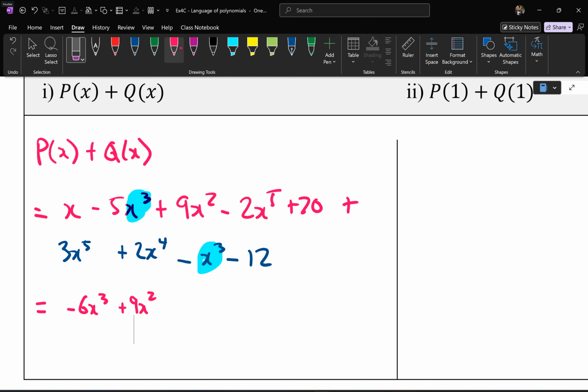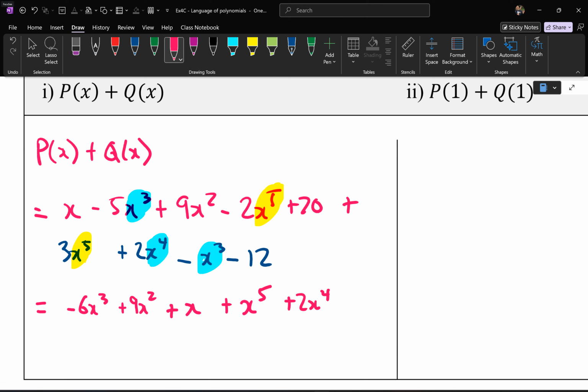That's a plus x, which is there. What else do I have? x to the power of 5, and this one also has x to the power of 5. Together that is negative 2 plus 3, which is positive x to the power of 5. And then this one has x to the power of 4 and the other one doesn't, so that's plus 2x to the power of 4.